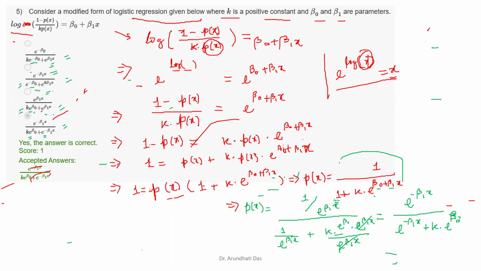But in the numerator and the denominator I am having a negative symbol, e to the power minus b1x. So the fourth option is correct, which is similar to the derived answer that I have just got. I hope you understood. Thank you.